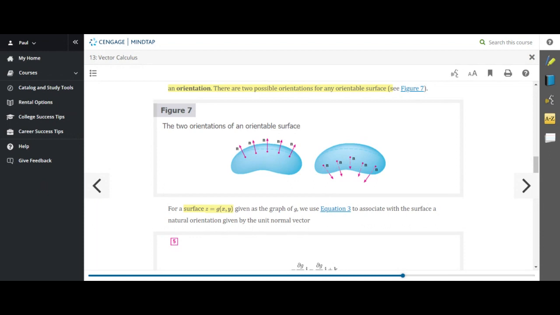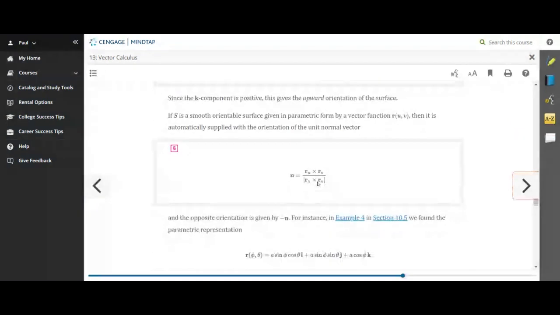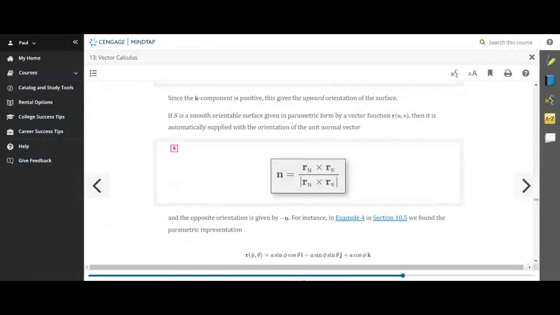Well, the normal vector we could represent this way, the normal unit vector. So remember, anytime on a surface you have two curves to the surface: one curve is where you hold one parameter constant, and the other curve is generated when you hold the other parameter constant.